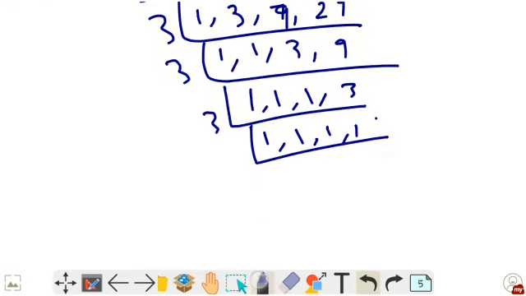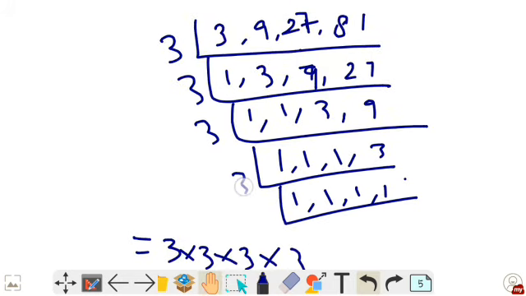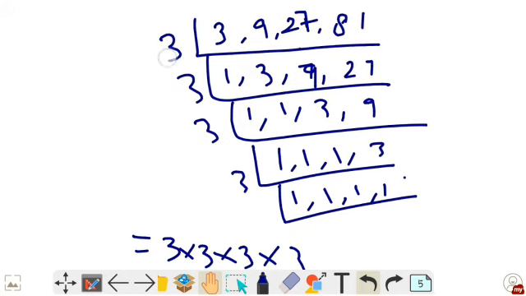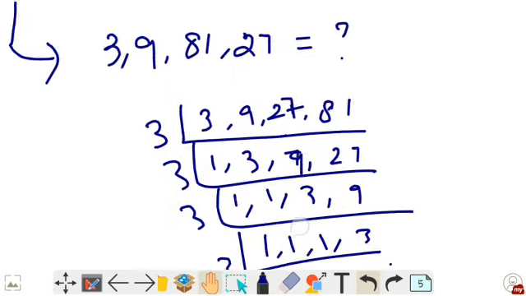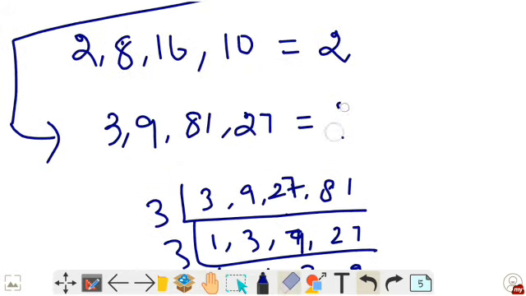Now we multiply 3 into 3 into 3 into 3 because there are four 3s. 3 into 3 is 9, 9 threes are 27, 27 threes are 81. So the LCM of the denominators is 81.